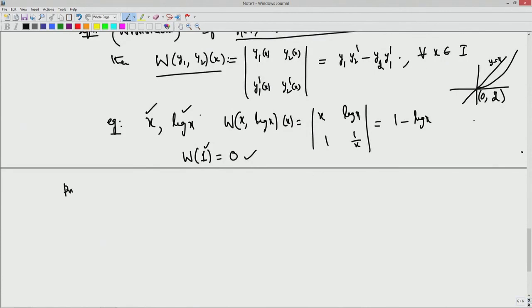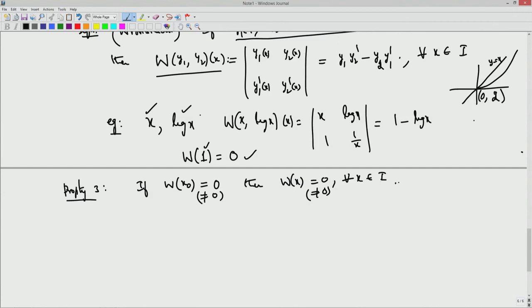We will have property 3 in the next video, which tells you that if the Wronskian at some point x naught is 0 or non-zero, then the Wronskian at every point is 0 or non-zero. This is done by deriving a formula called Abel's formula.